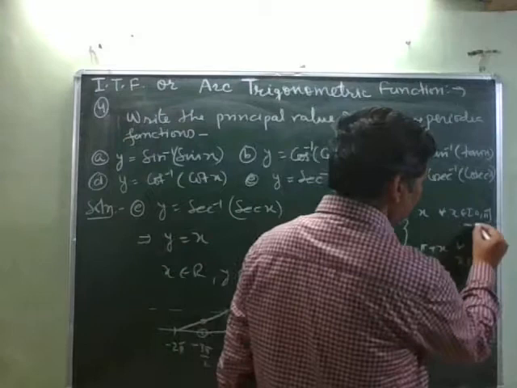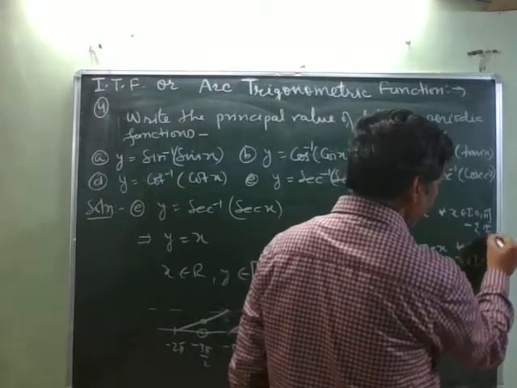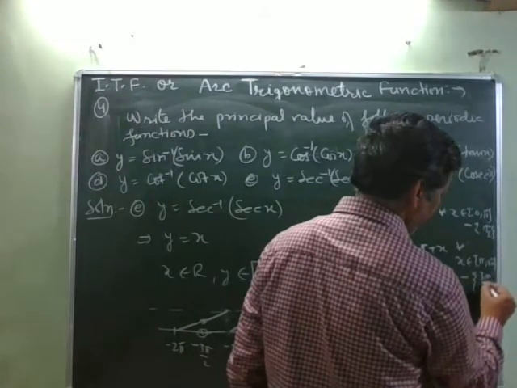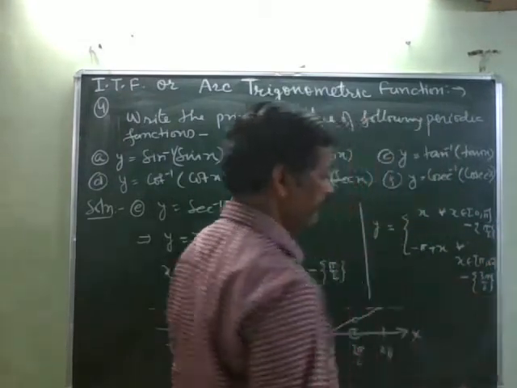Here we have to subtract pi by 2 angle where it is not defined, and here 3 pi by 2 angle where it is not defined.